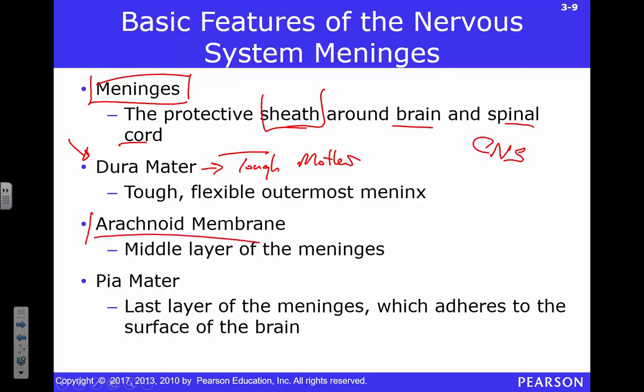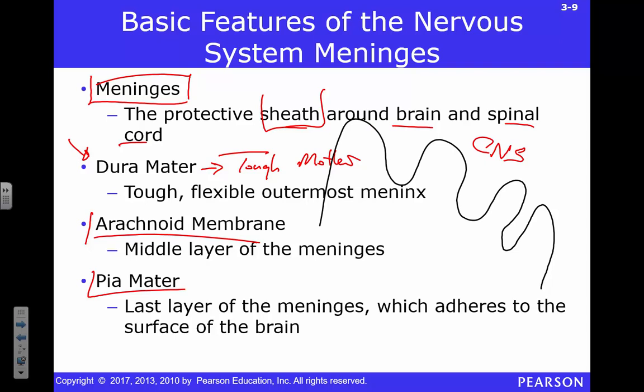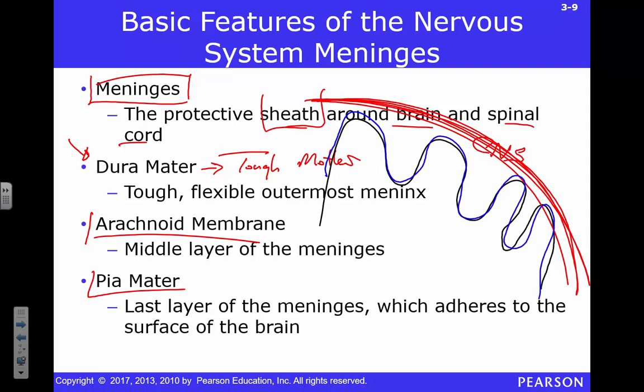The next layer down is the arachnoid membrane, and then finally you have the pia. The interesting thing about the pia is that the outside of your brain sort of looks like this, kind of wrinkled. The dura mater and the arachnoid go this way. The pia actually adheres to the surface of your brain, so it goes in and out of all of those little dips and bumps.